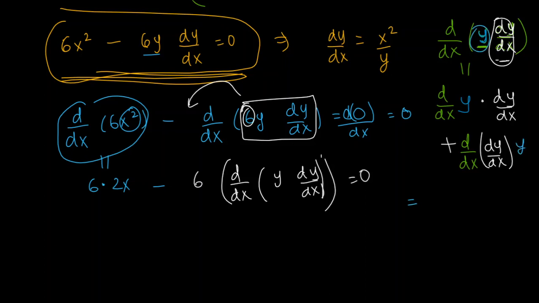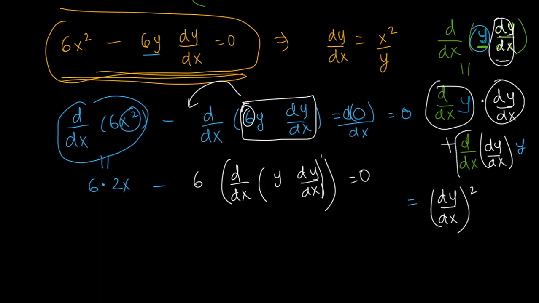If you want to figure this out, it's really easy now. This thing is just dy over dx. This is also dy over dx. So this is actually the square of the first order derivative. And this thing right here, the derivative of the derivative, that's the second order derivative. I'm doing all of that in the margins, but just pardon me for that. The second term is being multiplied by y.